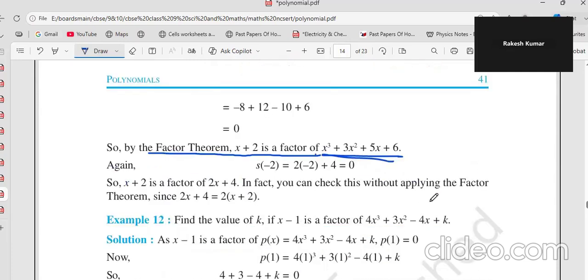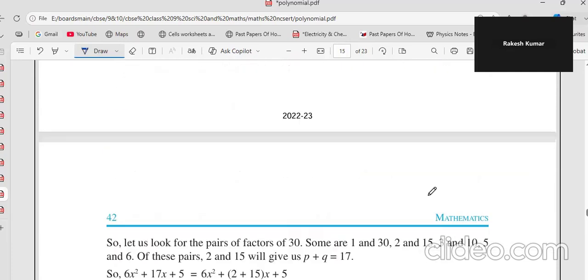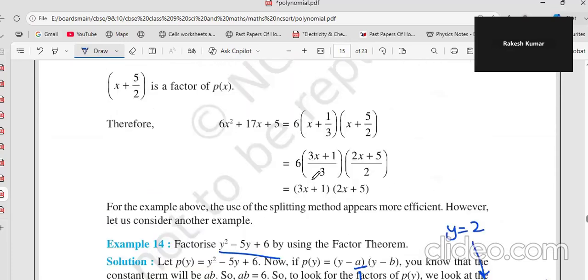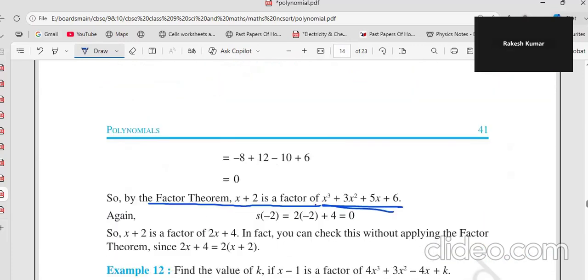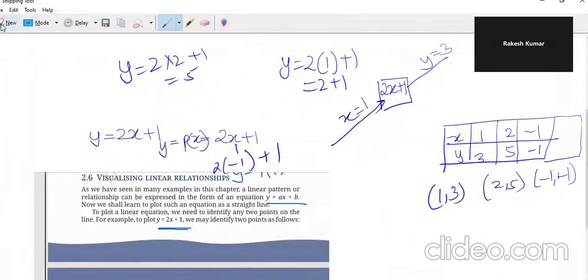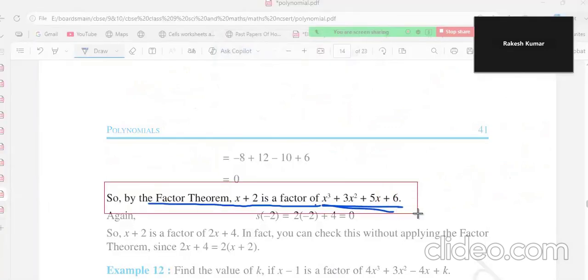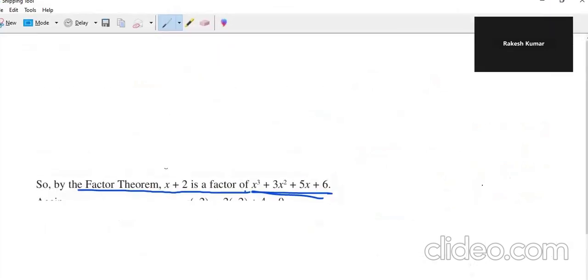So how do we divide a polynomial by another polynomial? Let me show you how to divide. If this is a factor, then it must divide this. So we say x cube plus 3x square plus 5x plus 6. If this is a factor, there should be no remainder.